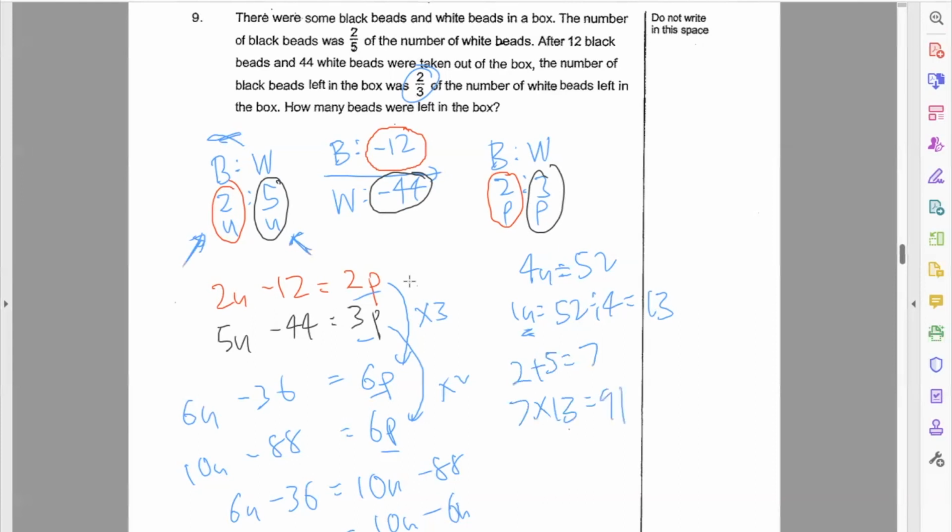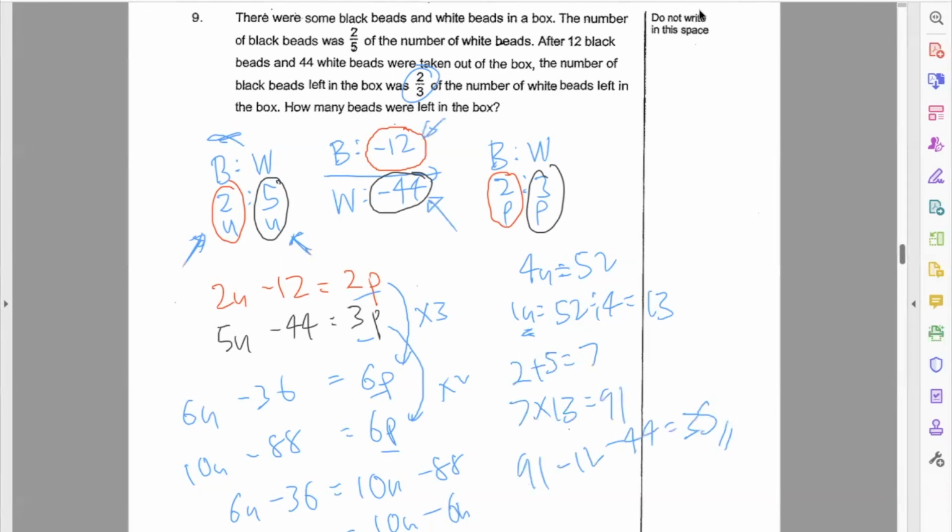So there are 91 black and white bits at first. To find the number in the end, you must take away 12 and you must take away 44. Minus 12 minus 44. And your answer is 35. So this is the number of bits in the end.